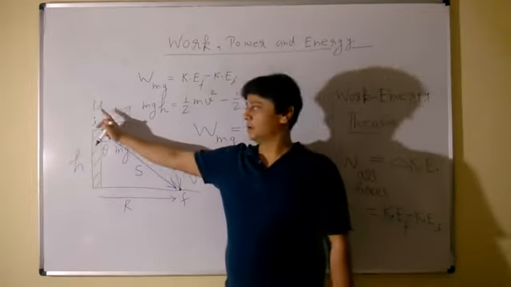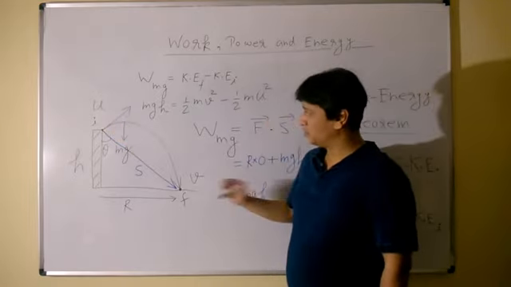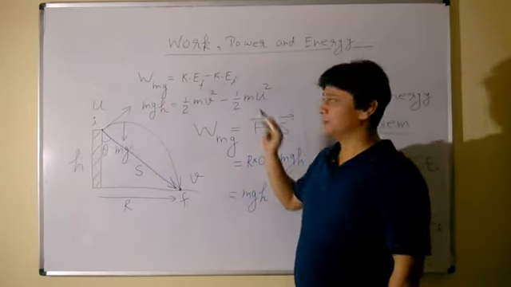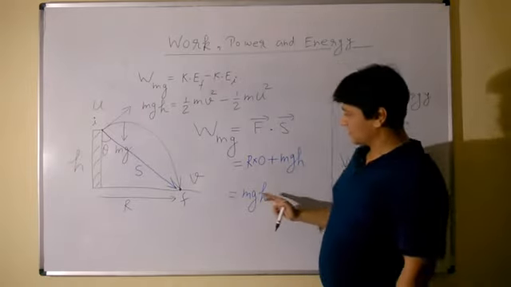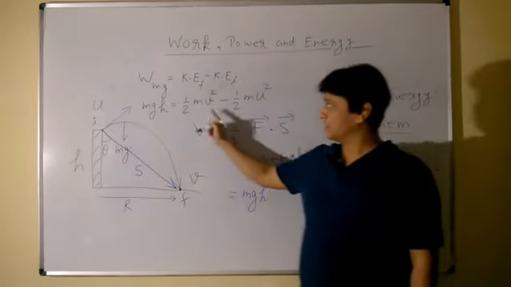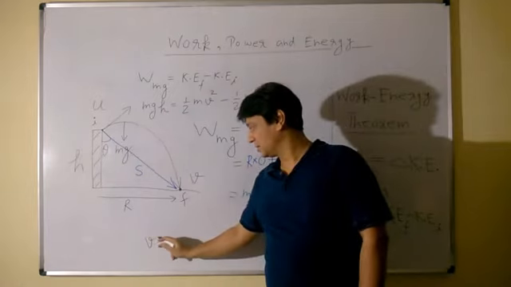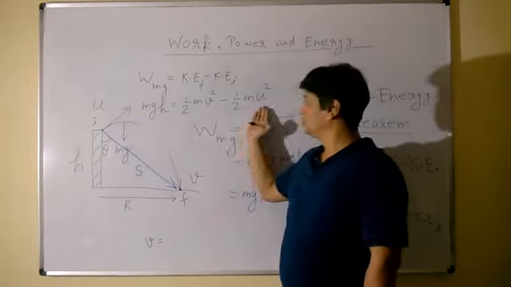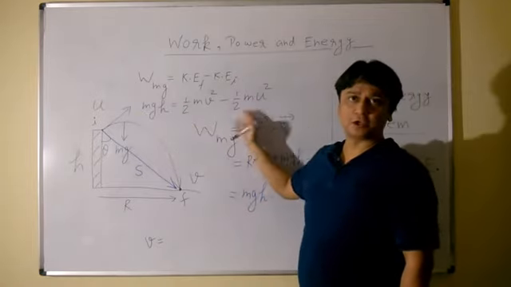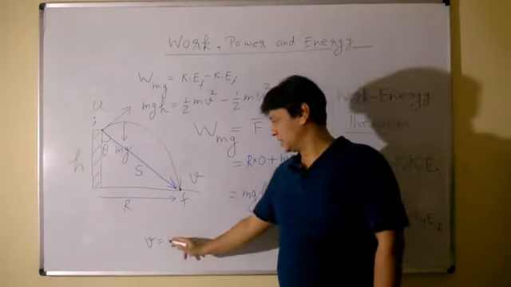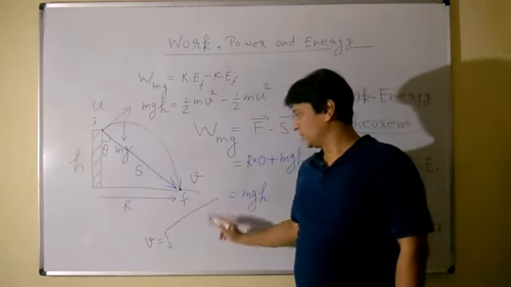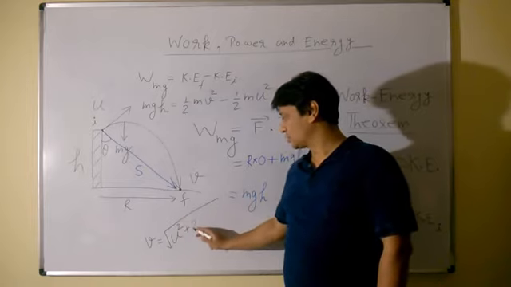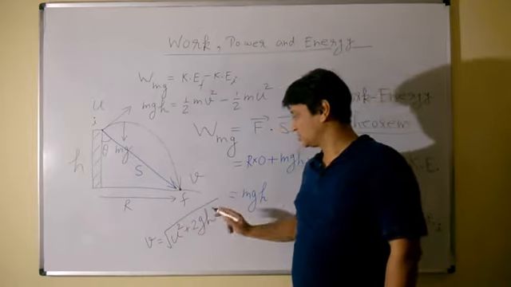Initial, final v, m cancelled, shift this side, multiply by 2, m is cancelled, take root. इतनी मैथ बनती होगी भाई। v is coming root over u square plus 2gh.